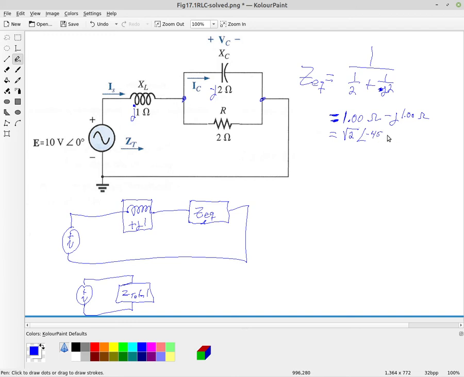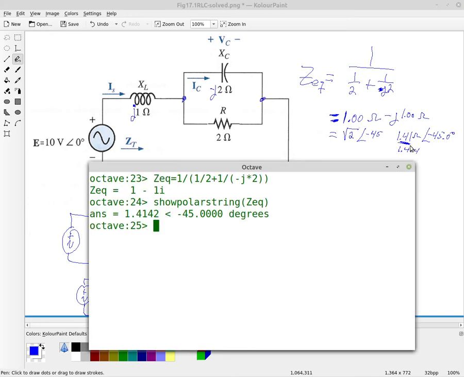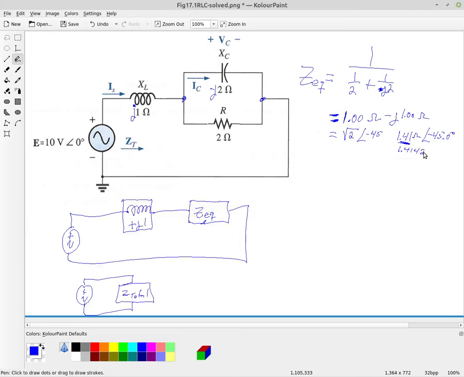Okay, and so if we're going to put that into Blackboard, it would actually be 1.41 ohms at an angle of minus 45.0 degrees. Okay, but remember, square root of 2 is 1.4142. So you should keep at least 5 significant digits when you're doing those calculations.